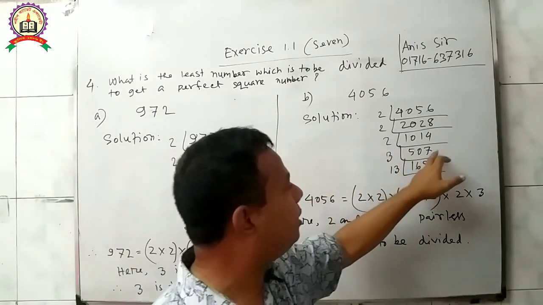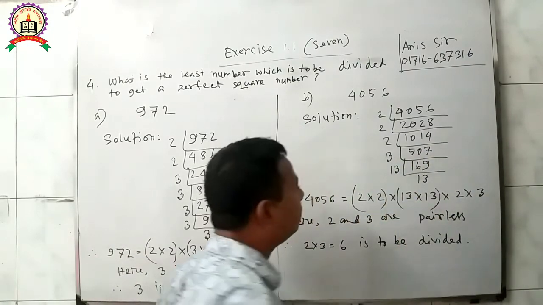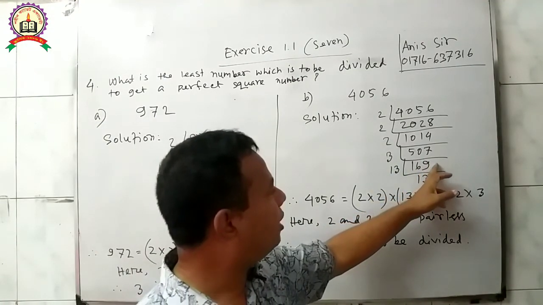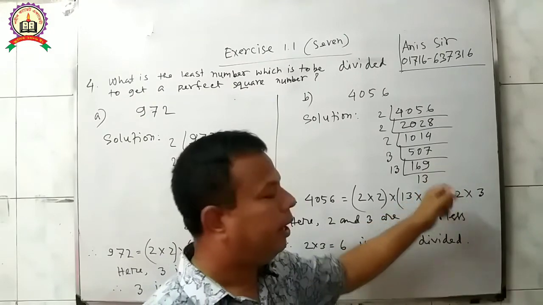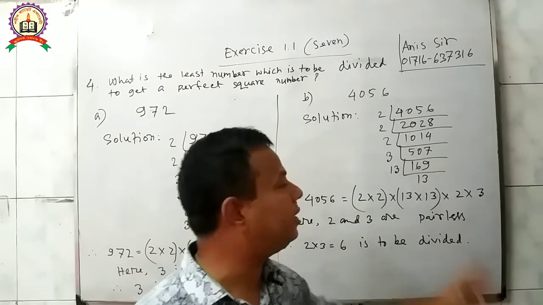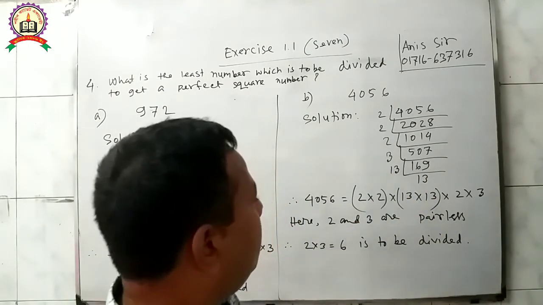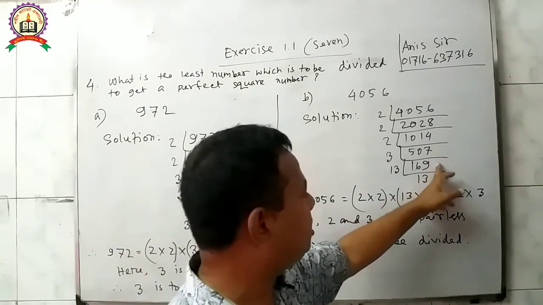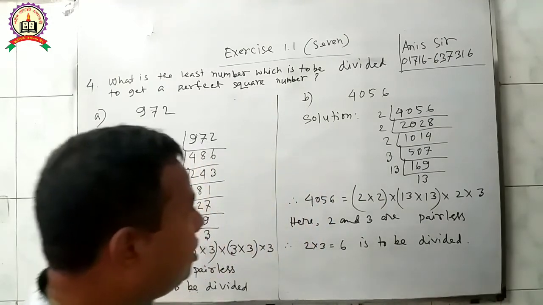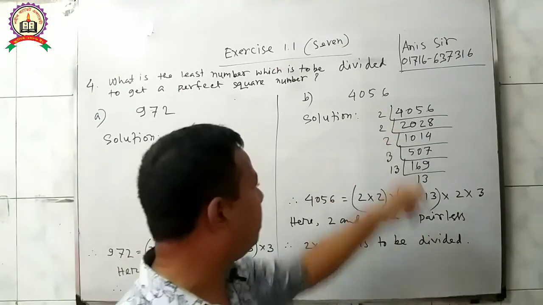Then we get 507, which is divisible by 3, and the quotient will be 169. And 169 is divisible by the prime number 13. 13 into 13 equal to 169. So we get the prime factors of this number.